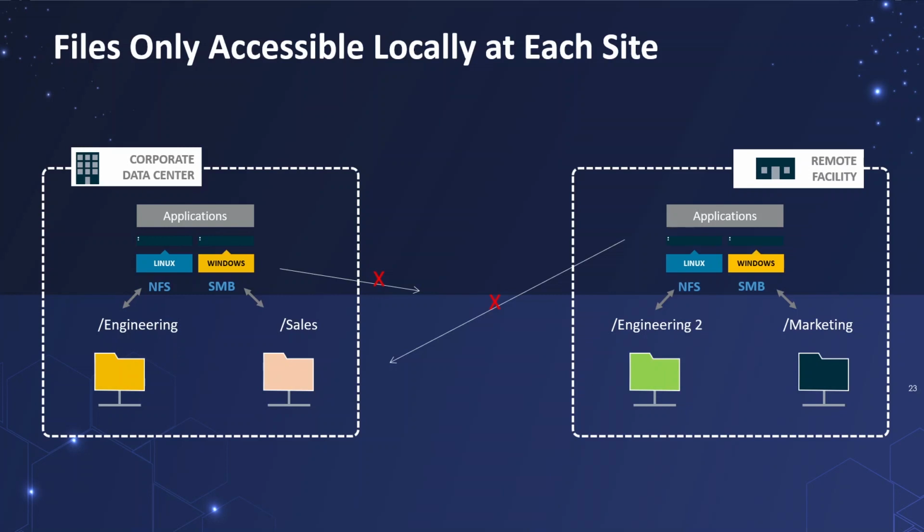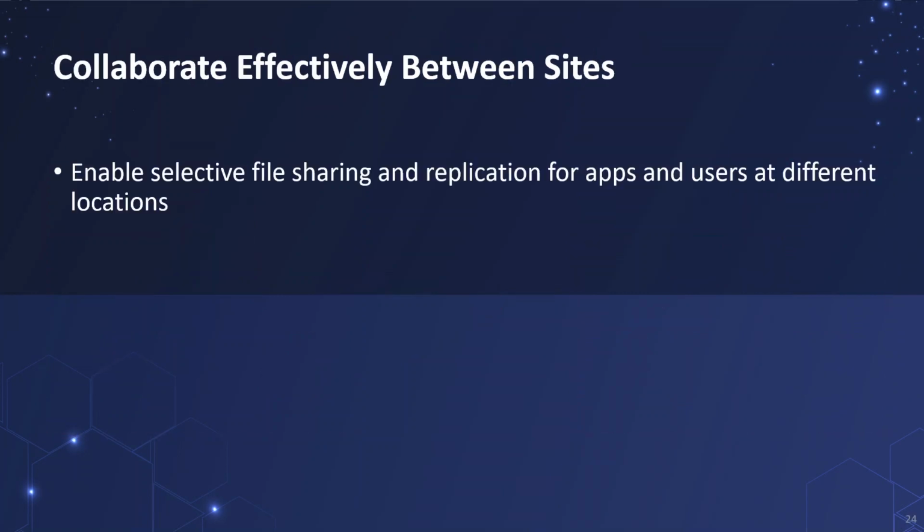The NAS protocol makes it very hard for those files to be shared across the sites. And vFilO allows you to select the file, share, and replications for the applications and users at different locations.